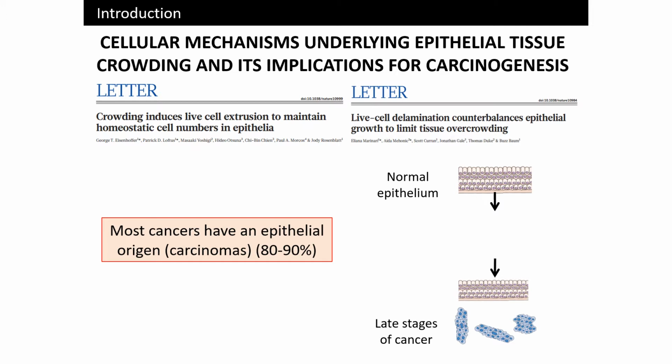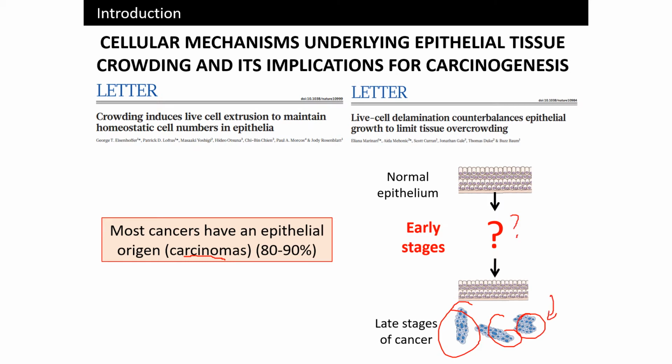When you hear about carcinomas, carcinomas are cancers that have an epithelial origin, and most cancers have an epithelial origin, so they go from a normal epithelium to an epithelium where you start seeing tumors everywhere, that spread everywhere.